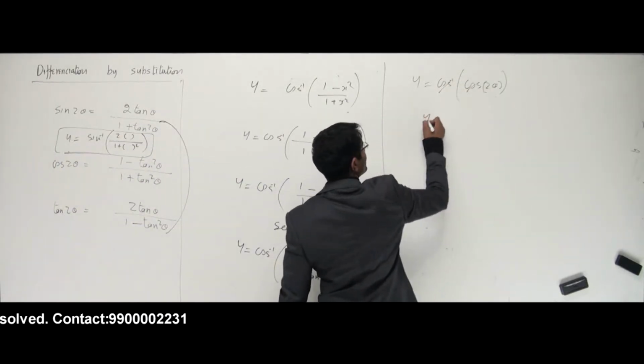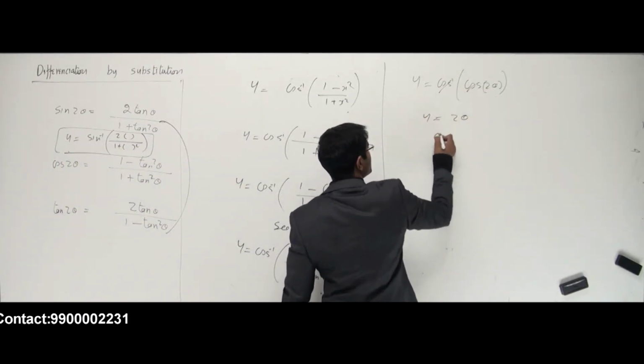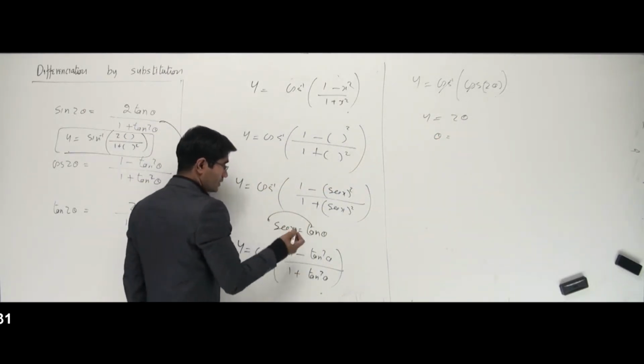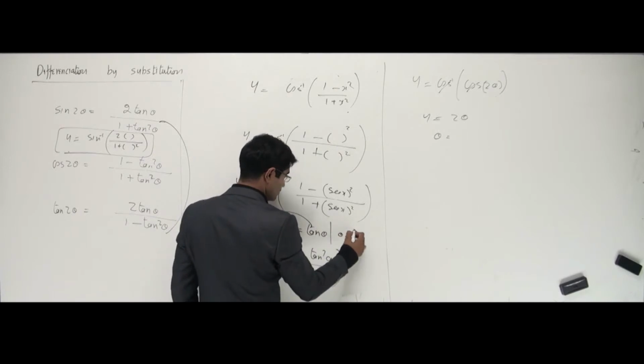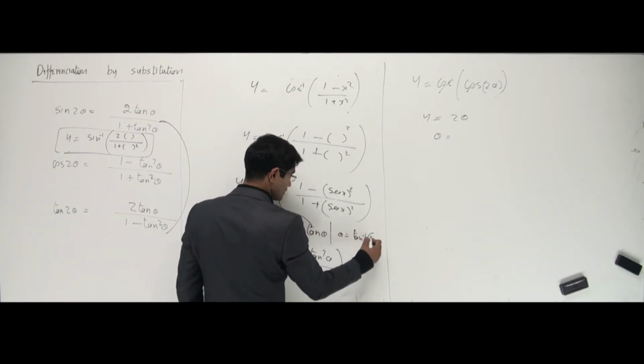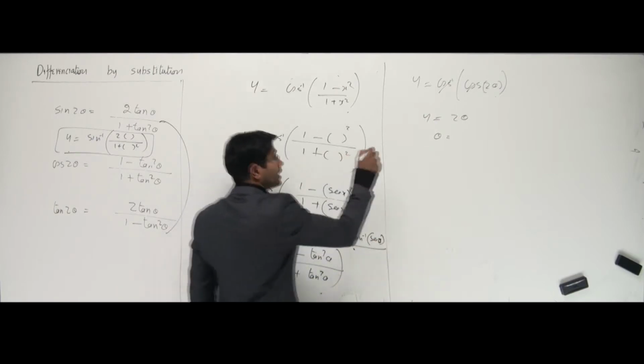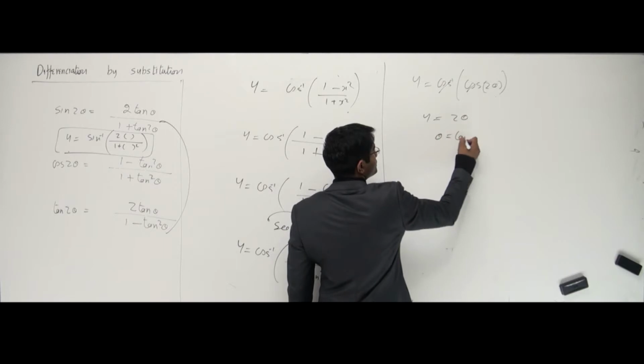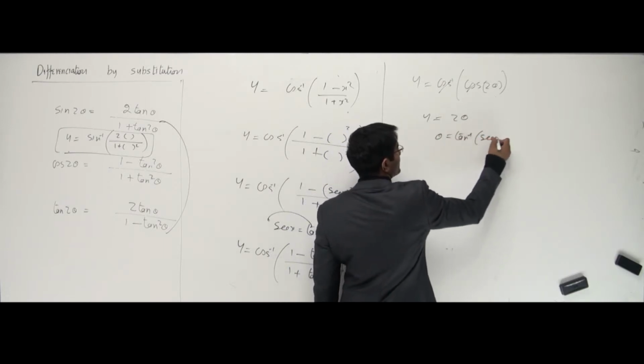This is gone, y is equal to 2 theta, and who is theta? Theta I get from here. Put this guy on this side, what do you get? I get theta is tan inverse of secant x, that's it.